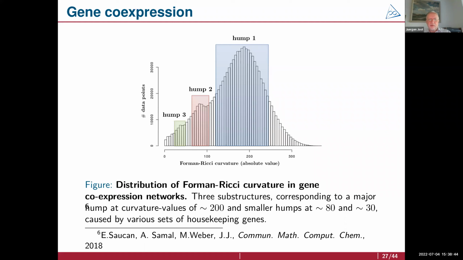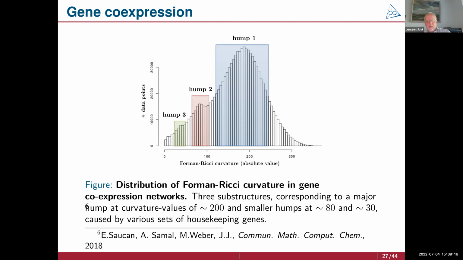There's one major hump, the big peak in the middle, and then there are two subsidiary humps where you have local maxima in the curvature profiles. So the data obtained for each value of the curvature, you check how many edges have that particular value, and that gives you these profiles. And then we ask, what do the humps correspond to?